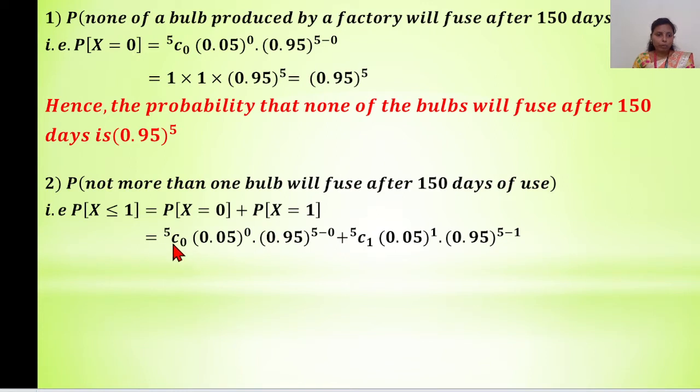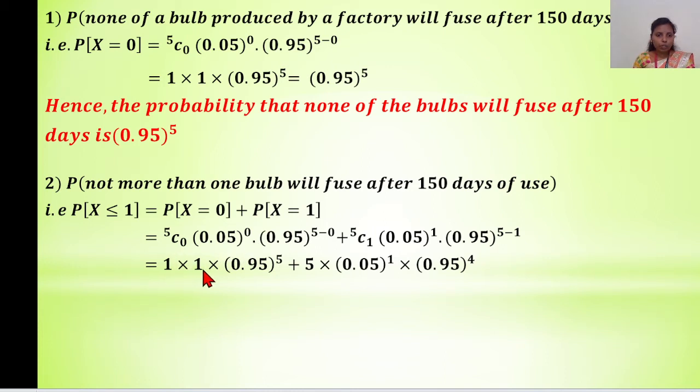Then the formula becomes 5C0 into 0.05 raised to 0 into 0.95 raised to 5 minus 0 plus 5C1 into 0.05 raised to 1 into 0.95 raised to 5 minus 1. We know that the value of 5C0 is 1, and any term raised to power 0 is also 1.